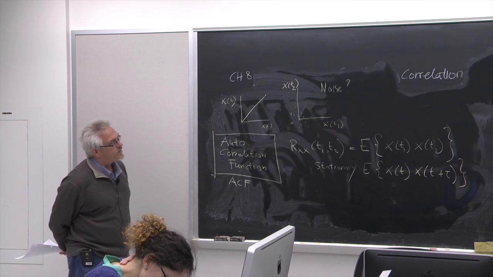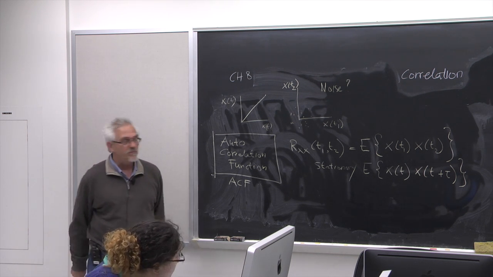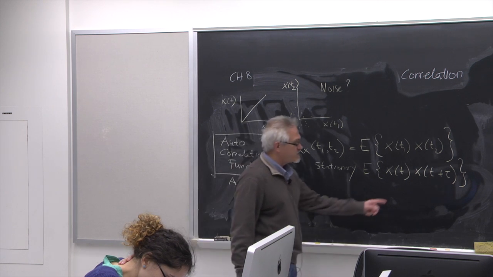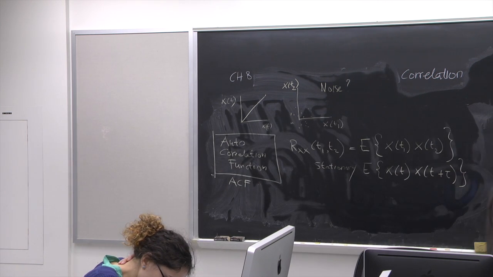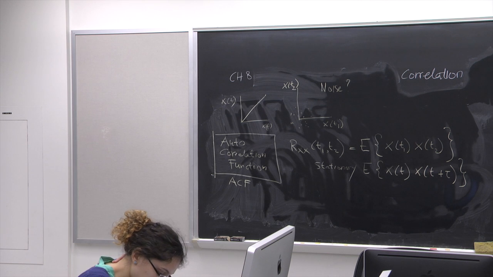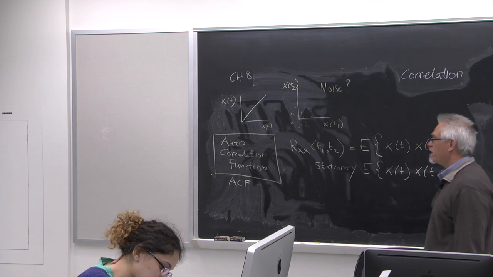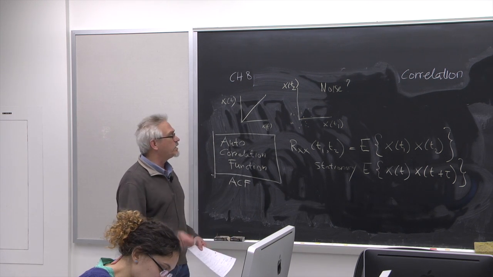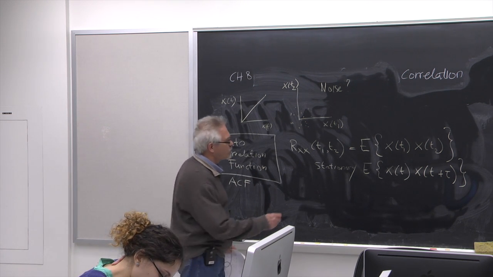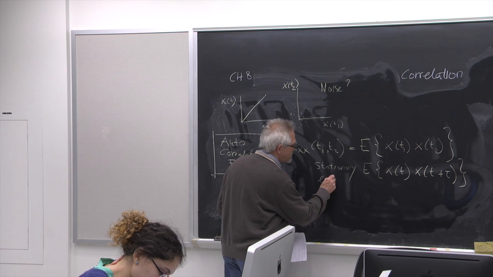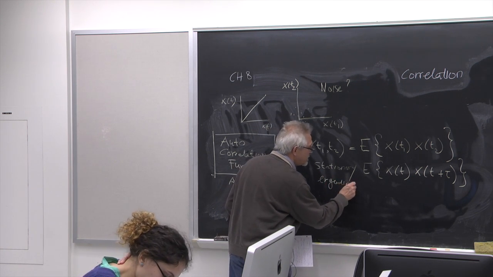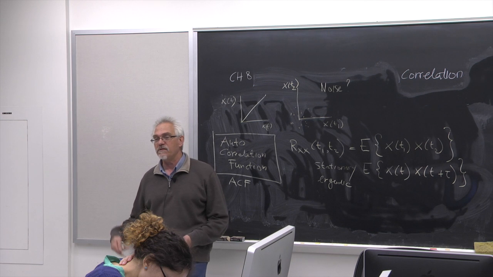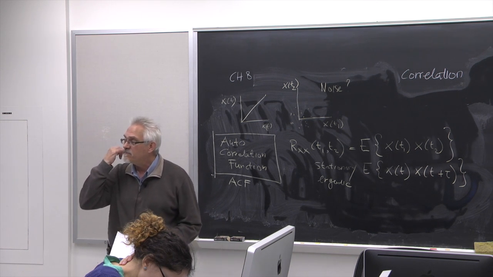You can already see that there is some similarity rising between this and convolution, because here we have t plus tau, and here we had t minus tau. So there you see some similarity already popping up. The next step you can do is say, well, we're going to assume, or we're going to show that the system is ergodic. And if it is ergodic, I can change the expectation for a time average.